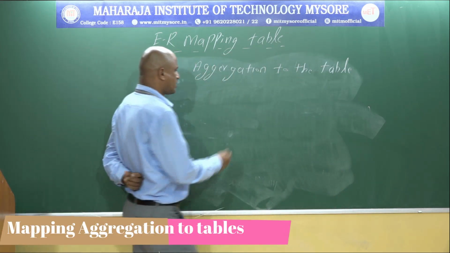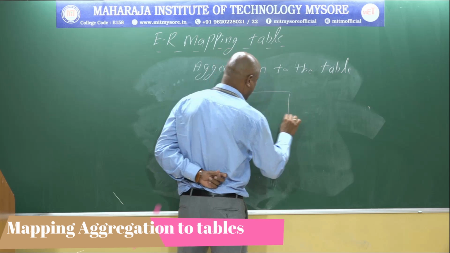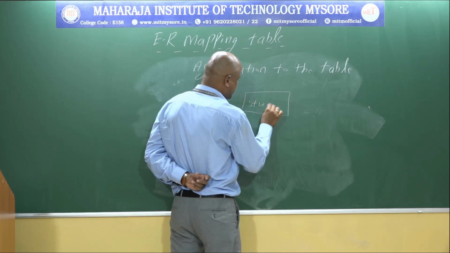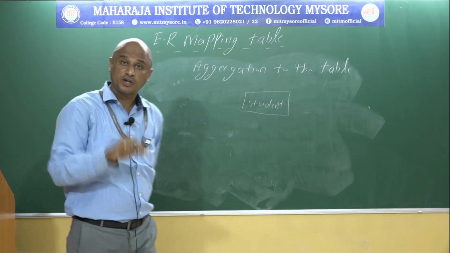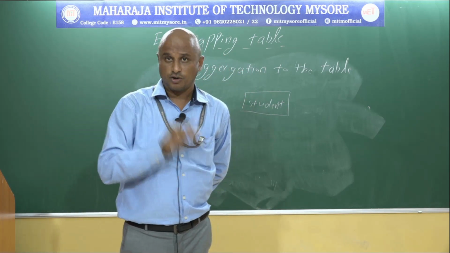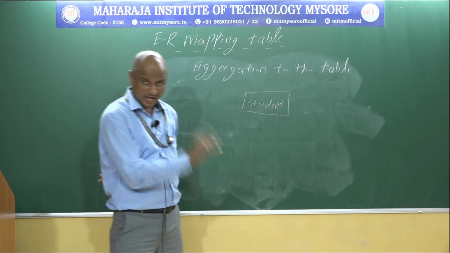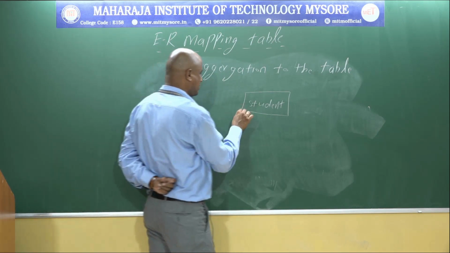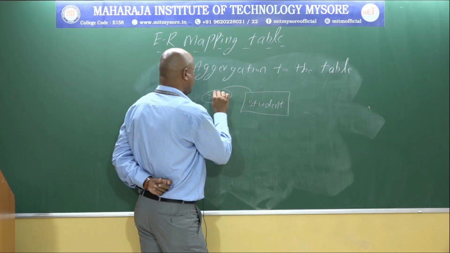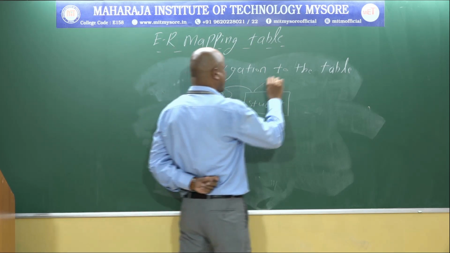Here I'll take one small relationship. Previously in the diagram I told about aggregation and showed one fantastic example of it. Now I'll take a student with student ID and student name.